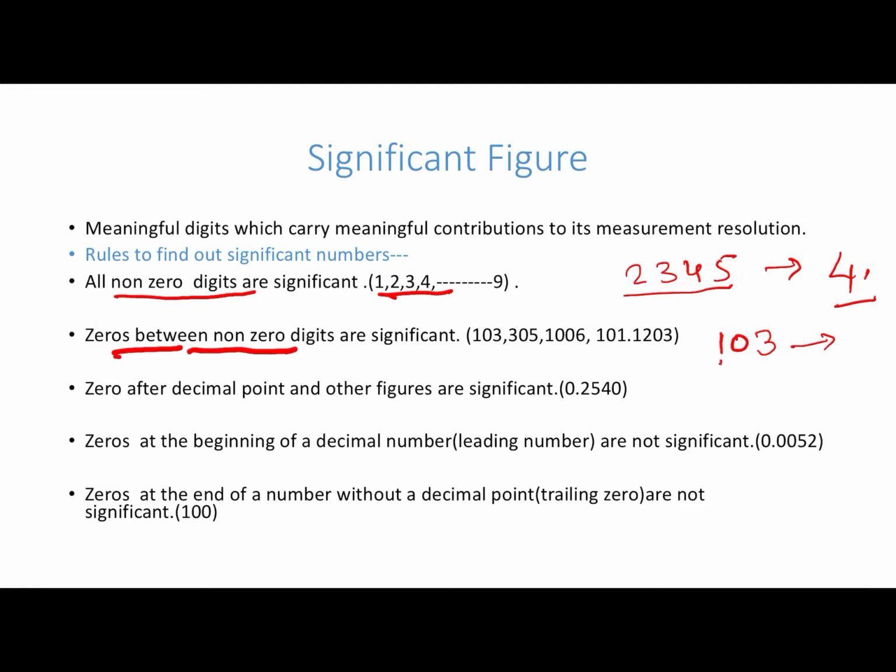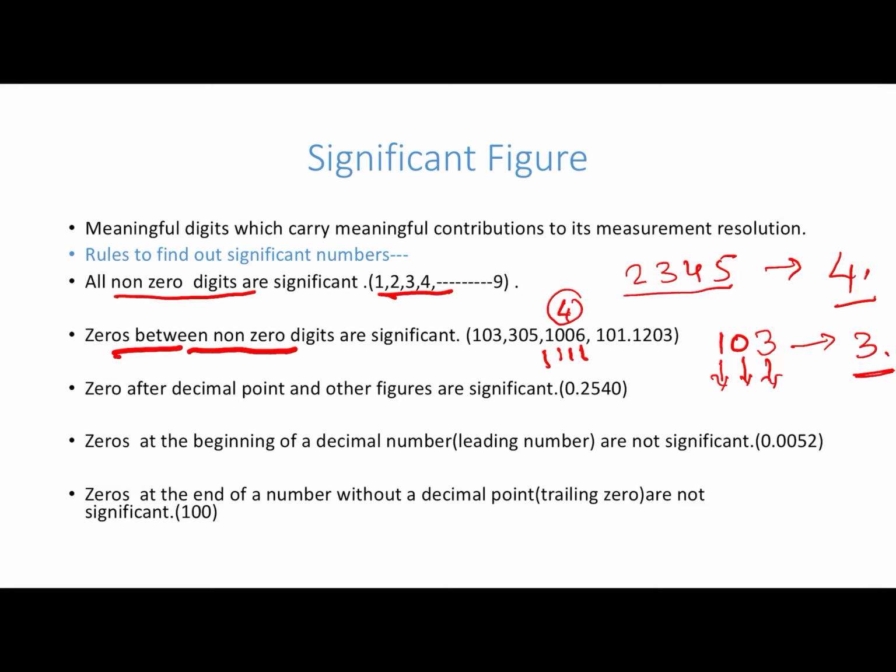So there are 3 significant figures. In 1006, all numbers are significant figures because it contains 2 trapped zeros. There are 4 significant figures.